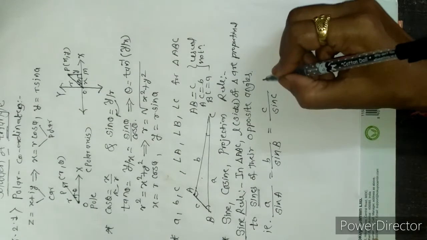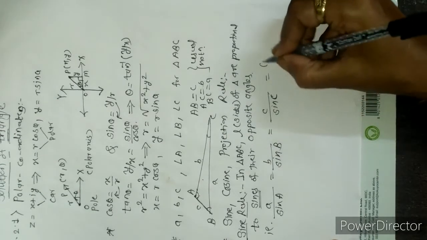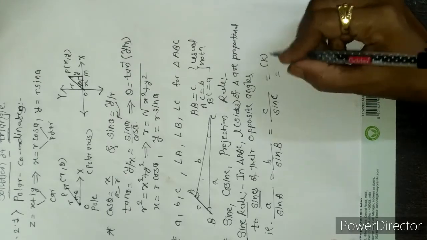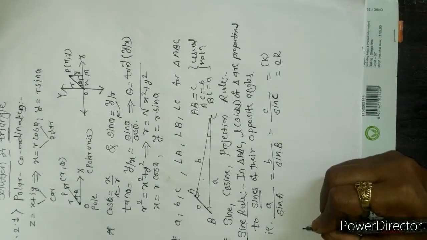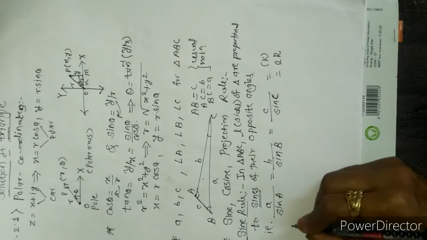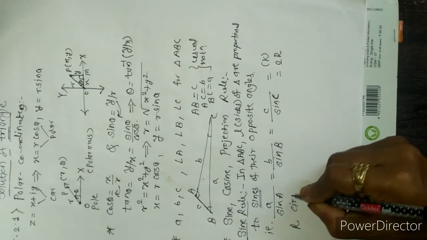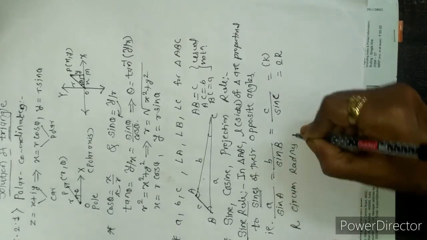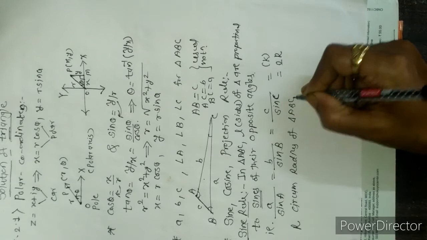And you may take that as some constant. In general we say k, but by construction of the circumcircle, that constant is nothing but the length of the diameter. We write this as 2R, where R is the circumradius of triangle ABC.